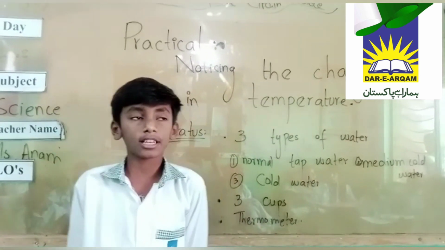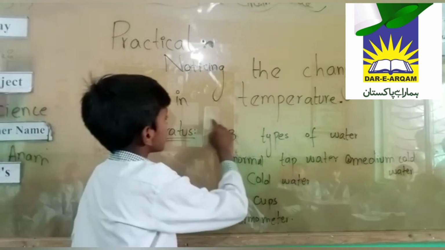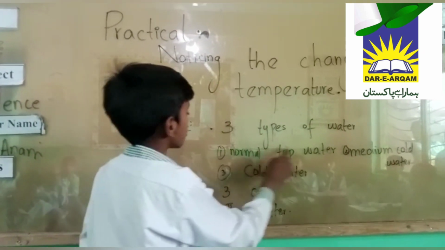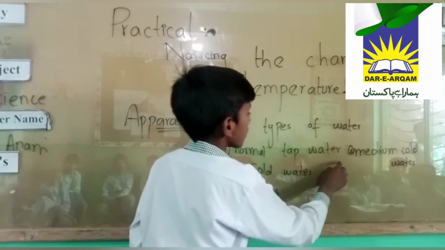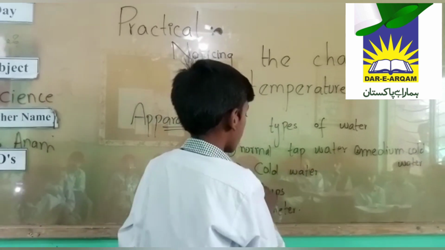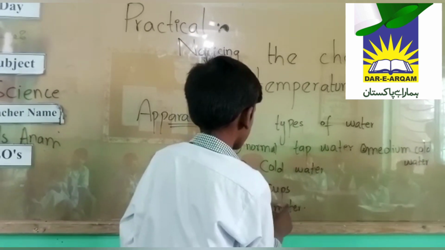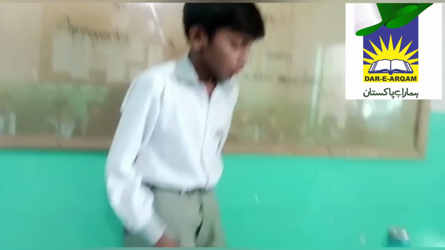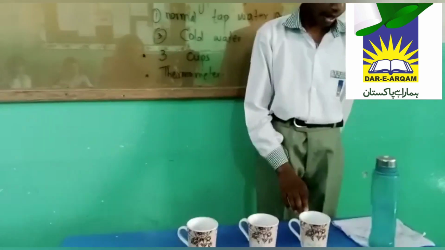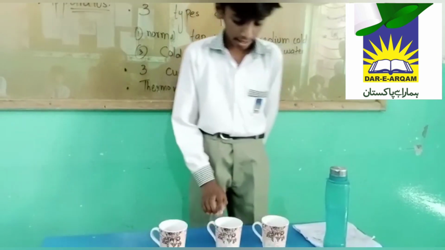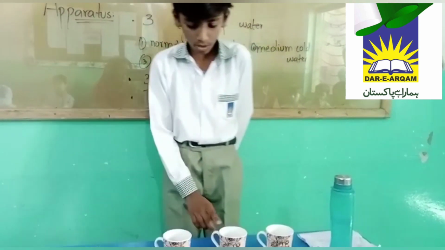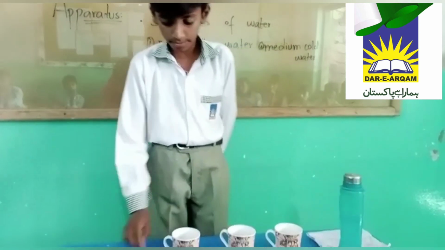Thank you. And I am from class 5. Today is our practical: noticing the change in temperature. Evaluate 3 types of water: normal tap water, medium cold water, cold water, 3 cups, thermometer. We have first cup having tap water, second cup medium cold water, third cup cold water.